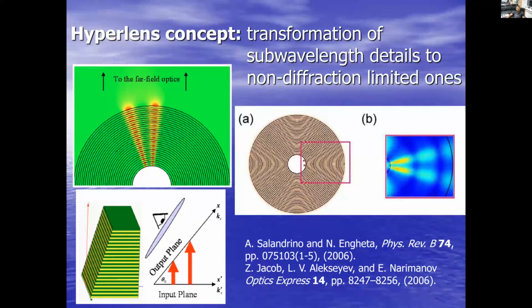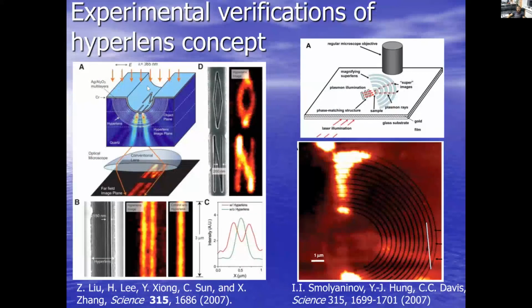The people were numerically getting images, and right after that, the group of Zhang performed an experiment with real silver and alumina multi-layers at 365 nanometers wavelength. They put chromium rods in the form of the words NANO.